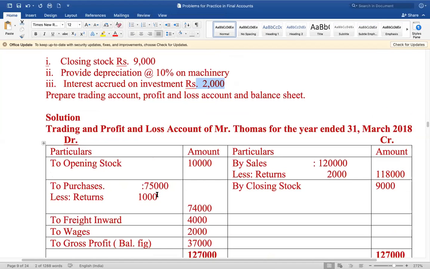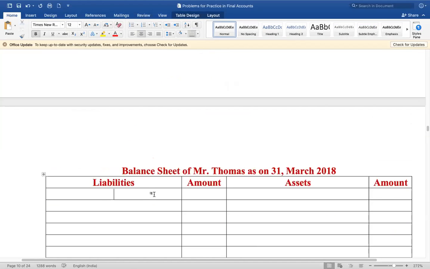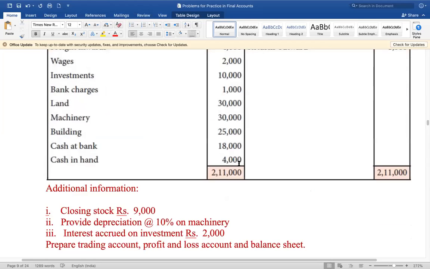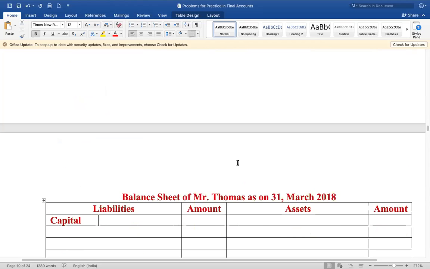I prefer to follow order of permanency. The longest item to be taken on the top. So therefore, I'm taking capital. Is there any adjustment? There is no adjustment, but there is some amount drawn from profit and loss account, which I had to consider. What's the capital amount in the problem? 60,000.